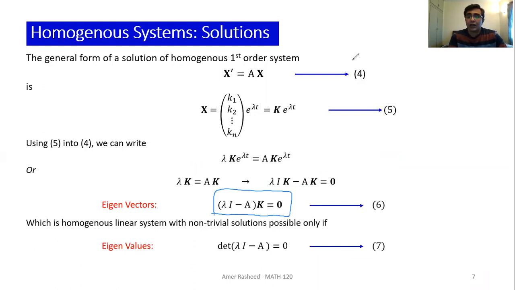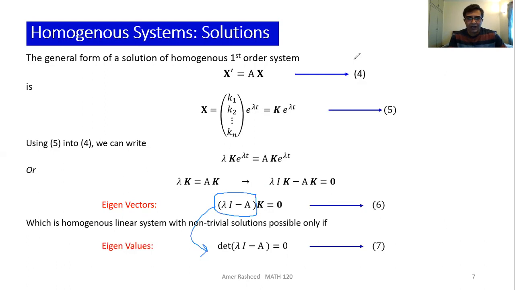This homogeneous linear system can have non-trivial solutions only if the determinant of this coefficient matrix is 0. I hope you remember we have already discussed these kinds of things in eigenvectors and eigenvalues.